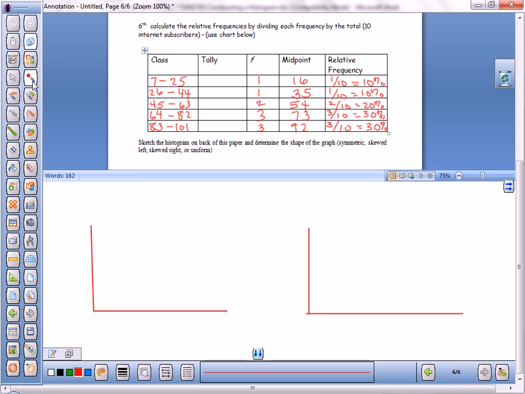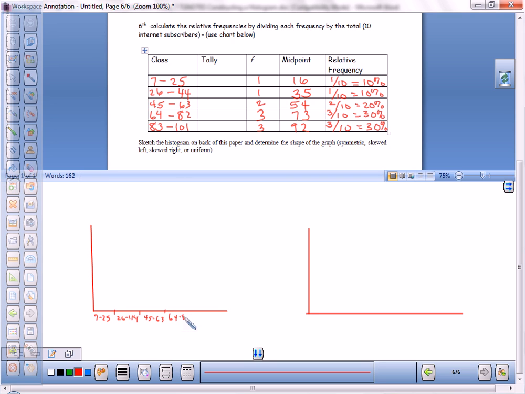So 7 to 25. 26 to 44. 45 to 63. 64 to 82. 83 to 101. Okay.